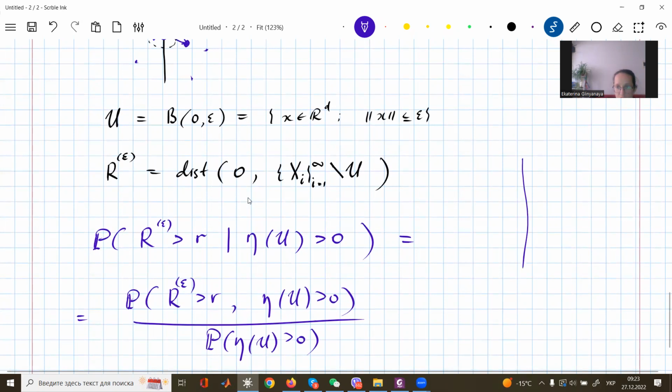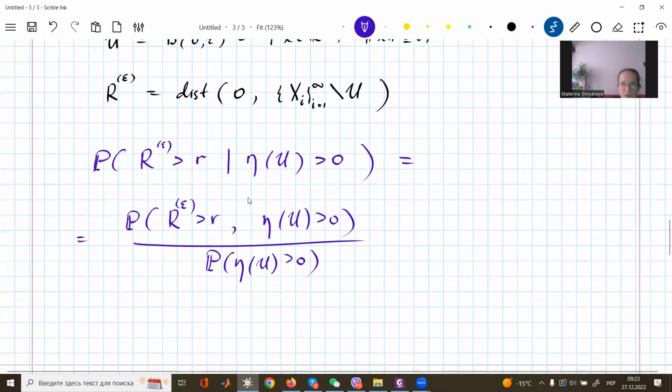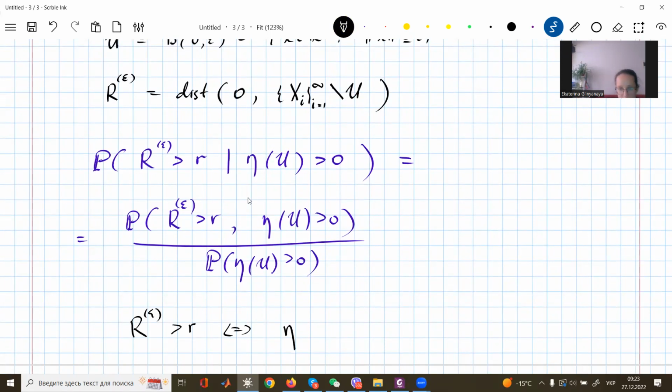let me draw a picture. Okay, let me write here. This value is bigger than r if and only if we have no points in the ball of radius r if I drop out U. So if this is equal to 0.